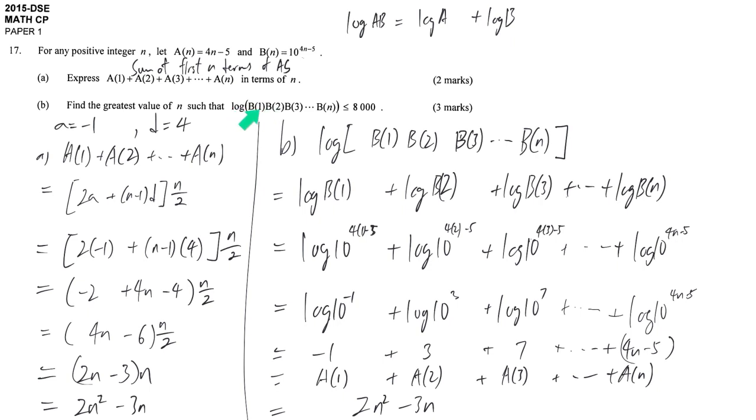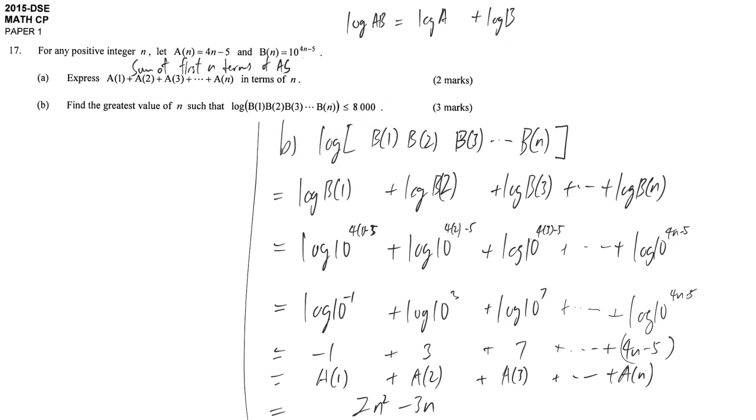We finish the most complicated part and then we get back to the original requirement to handle this inequality. Therefore, the condition we are going to solve is 2n squared minus 3n smaller or equal to 8,000. This is an inequality with power of 2. So this is a quadratic inequality. The strategy to solve it is to put everything to one side and compare with 0.